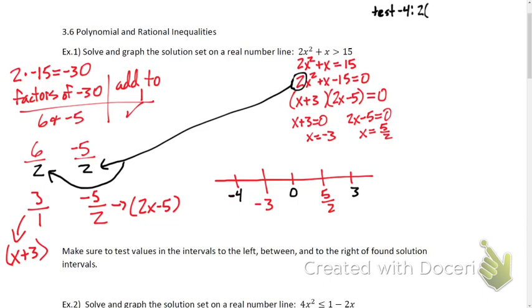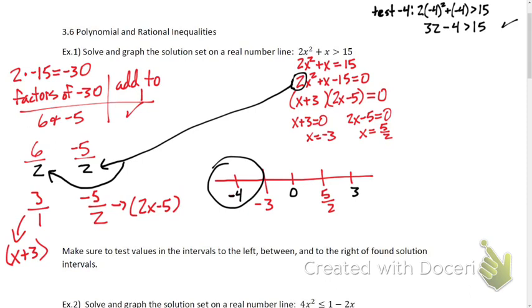I use parentheses. And we get, let's see, 16 times 2, that's 32, minus 4. I think that is obviously a true statement. Take it one more step, 28 is greater than 15. This is one of the solutions, that interval.